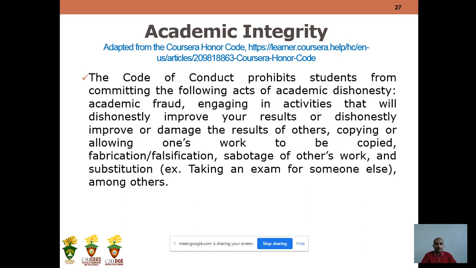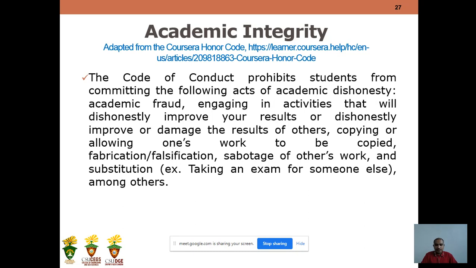Another one is copying or allowing one's work to be copied. Falsification or fabrication, like what I discussed earlier, you did not execute your laboratory exercise and just made up your laboratory report. That's an academic dishonesty. Again, if you do that, you will receive a grade of 5.